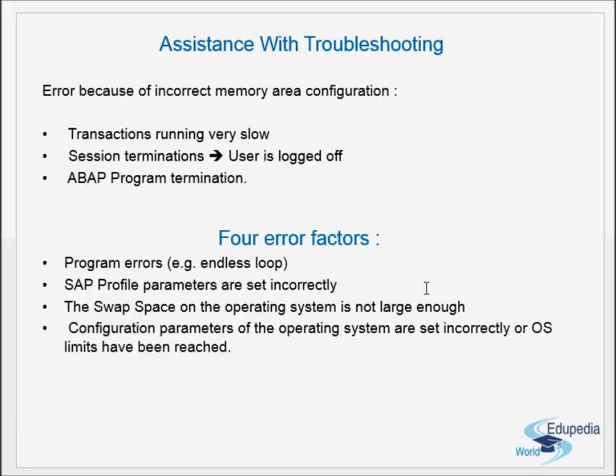So these are the 4 main factors causing memory related problems: coding errors, incorrect configuration at the SAP level, incorrect configuration at the operating system level, or insufficient space at the operating system.